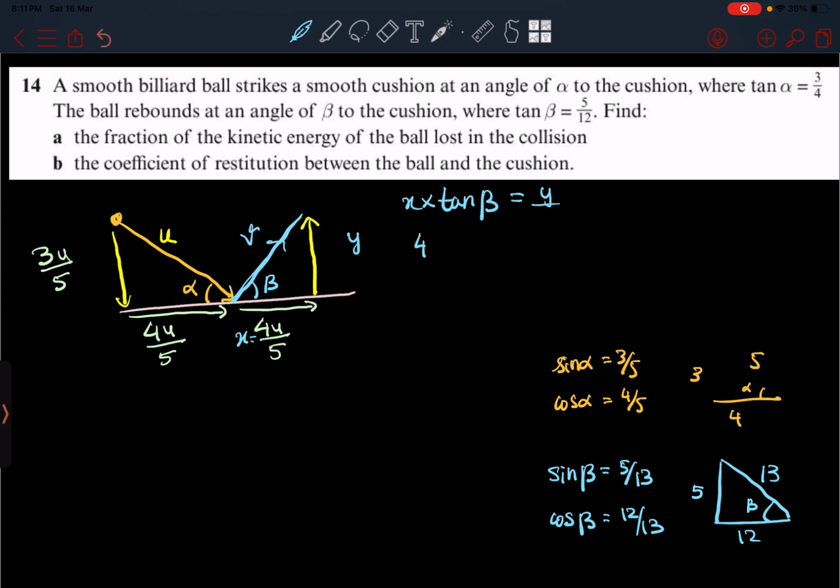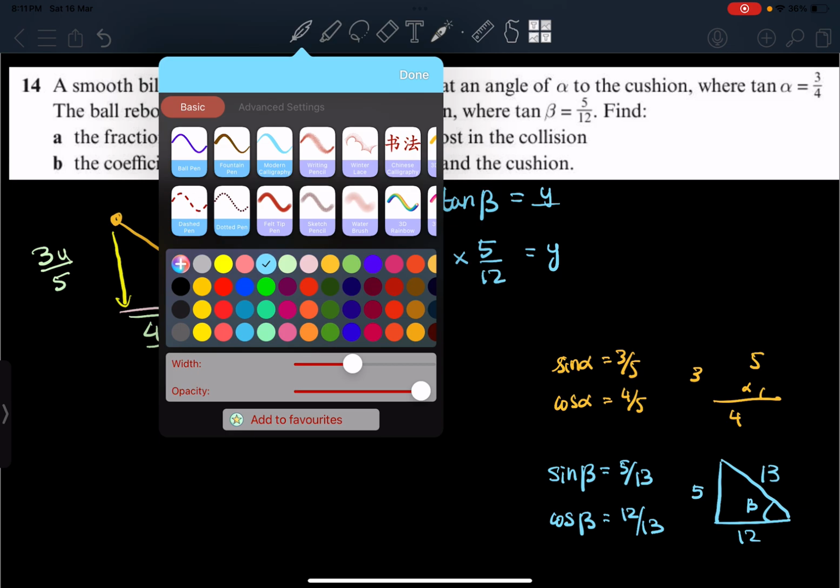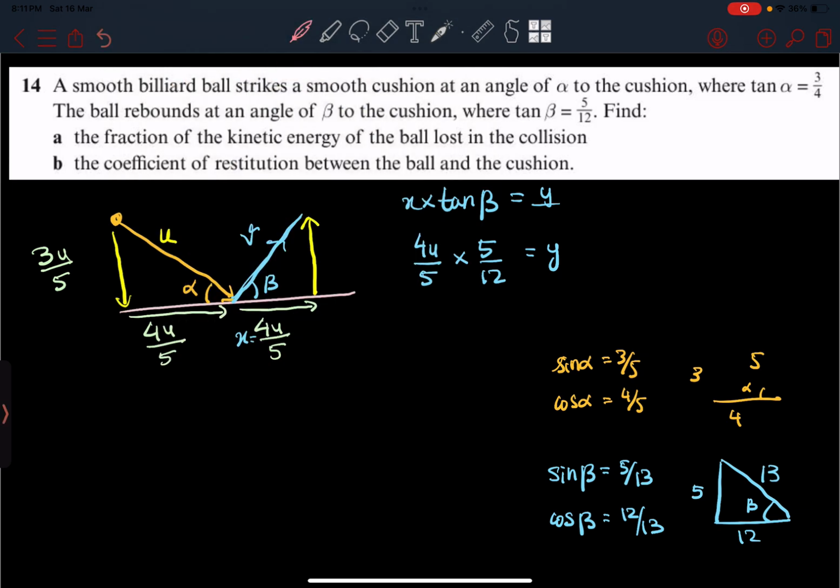X I know is 4u/5, tan beta I know is 5/12, so I know that the y which I am looking for here, I can write that now as 1/3 u. So that's easy.